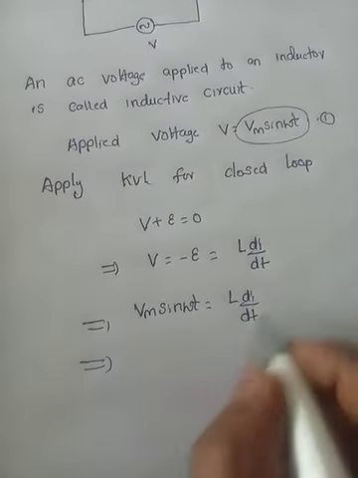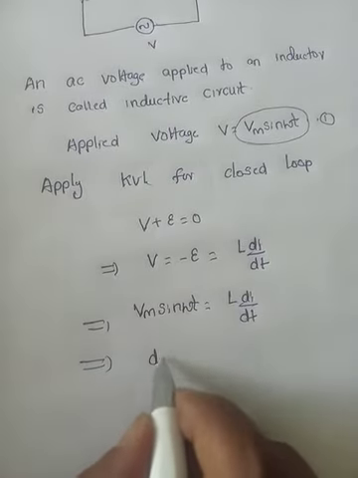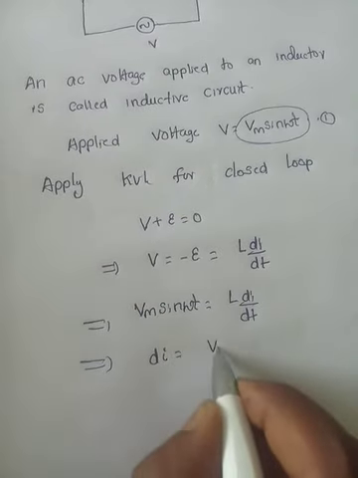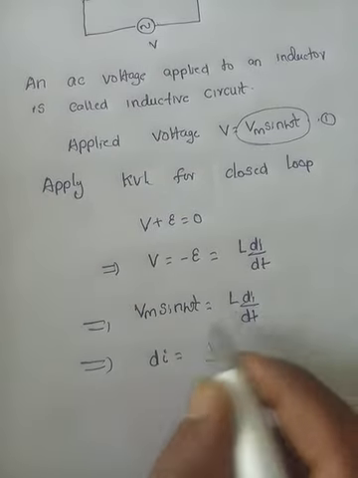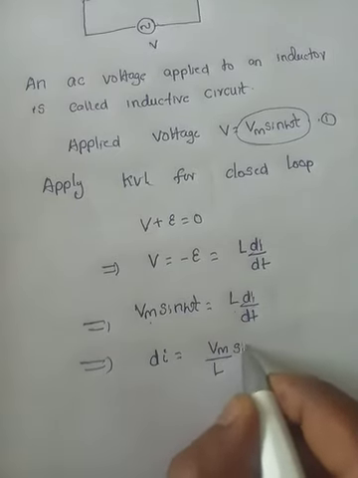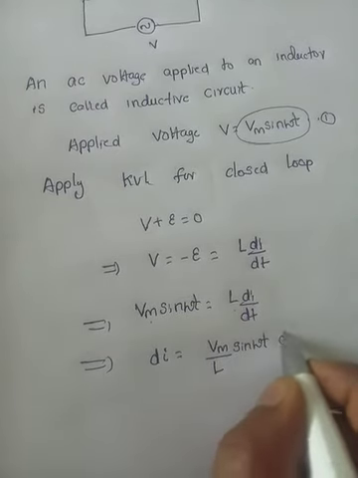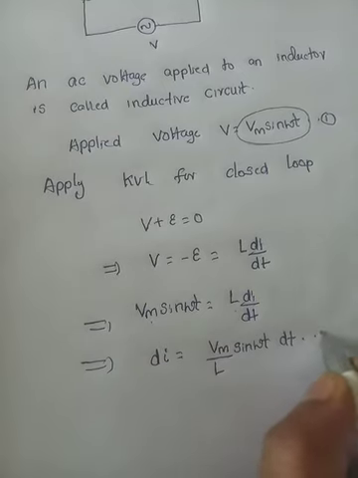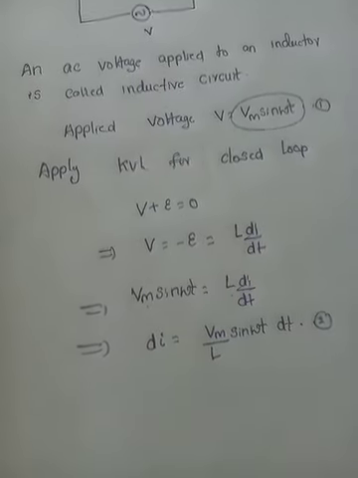What do we want? The current. So send all the remaining things across: di equals Vm by L, sin omega t into dt. So we got di.